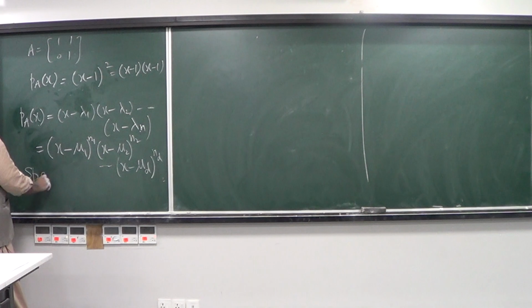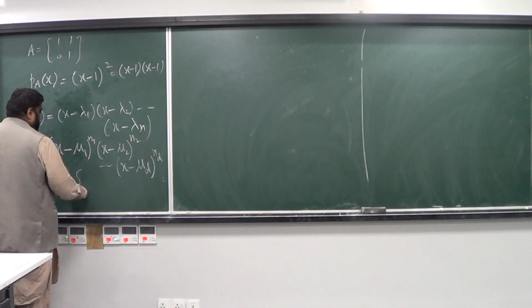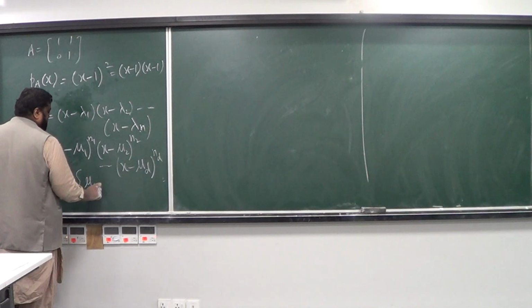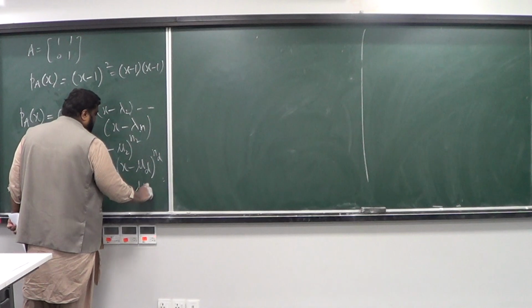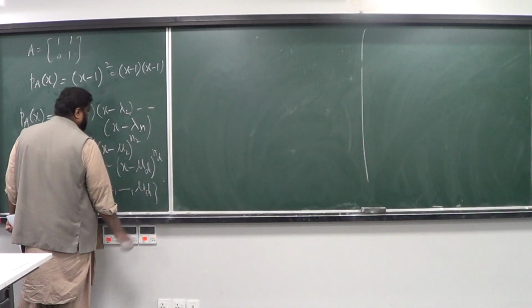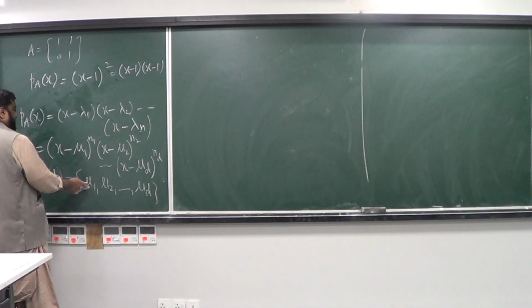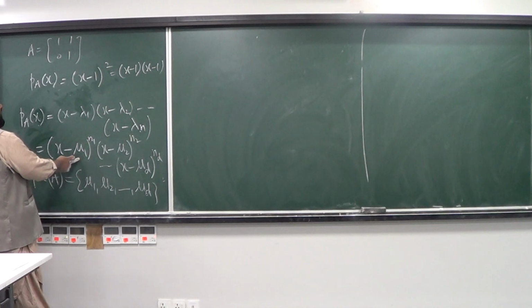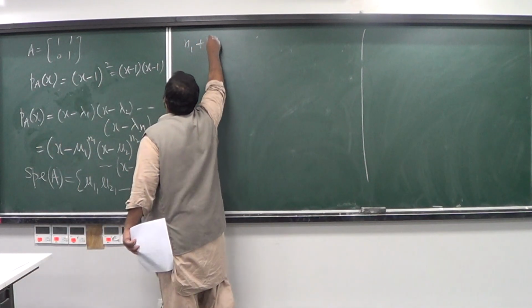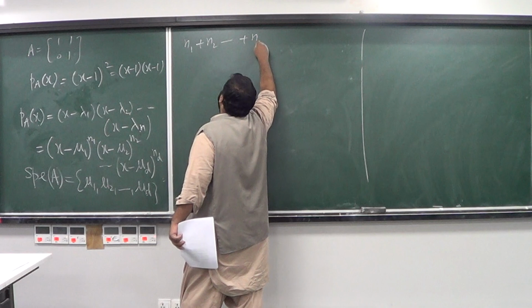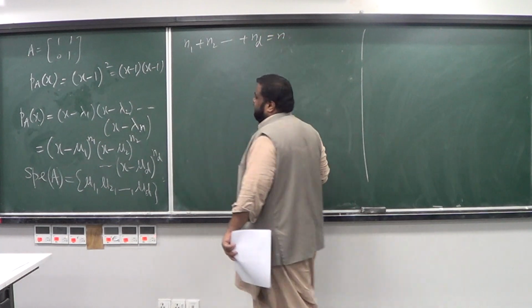In other words, the spectrum of the matrix A is these numbers: mu 1, mu 2, up to mu d. But the factor consisting of mu 1 can appear n1 times. Obviously, the sum n1 plus n2 plus up to nd should be equal to n.